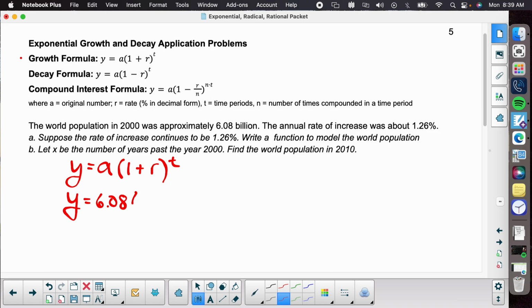Okay, good. We've got a good start. 1 is just part of the formula. R is how fast it's growing, the percentage rate. Perfect. And then do you remember how to write 1.26% as a decimal? Okay, so 1.26% as a decimal, you're gonna move the decimal over 2 spots, and it's gonna be 0.0126.